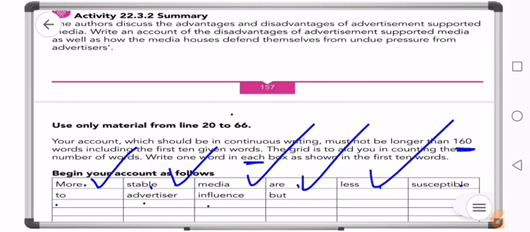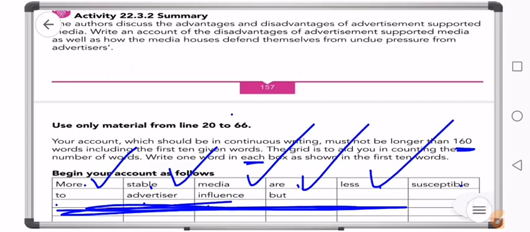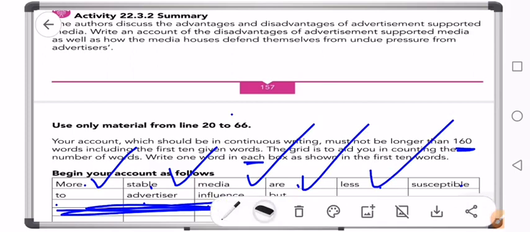So each word must be written in one box, as shown in this picture.